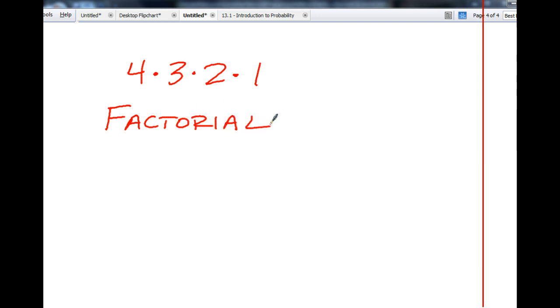Okay, and we don't want to write all that out, so what you'll see is an exclamation point. So when you see 4 exclamation point, what that means is it's a factorial, and it means 4 times 3 times 2 times 1.